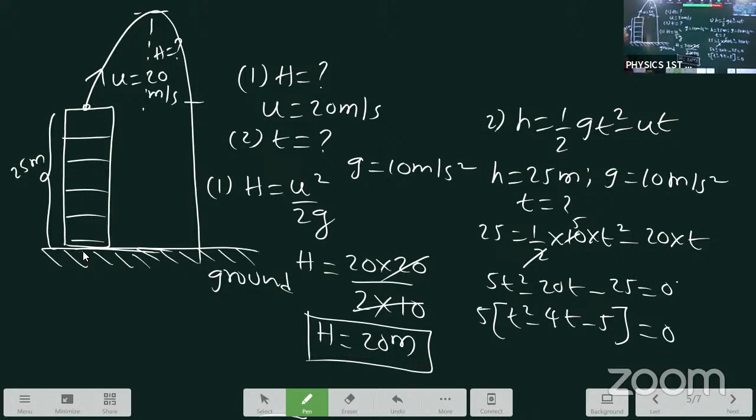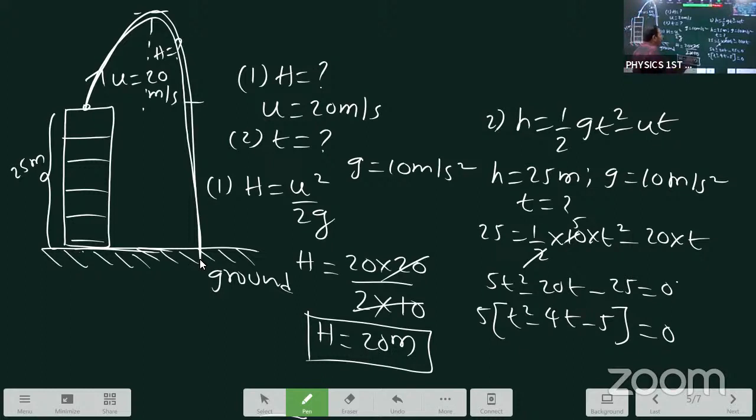Total 2 questions they are asking: how much high the ball will rise, and what is the time taken by the body to reach the ground. First, what is the maximum height from the building, the point of projection? H equals u square by 2g. U value they gave is 20. U square means 20 into 20 by 2g, 20 cancels, so from the building it rises up to 20 meters.